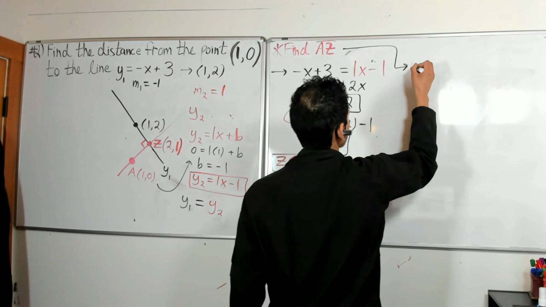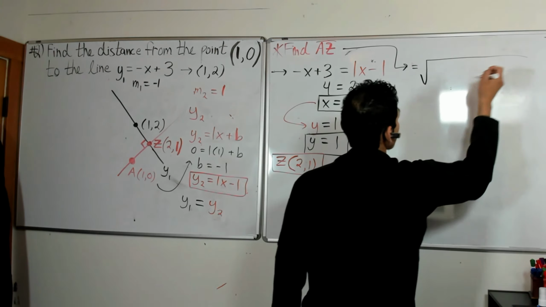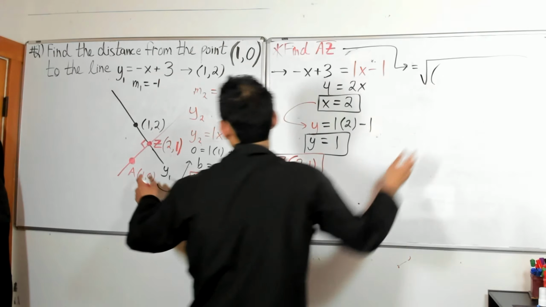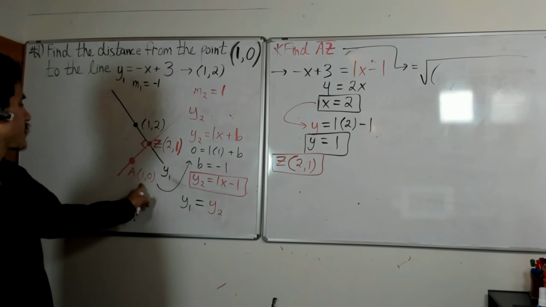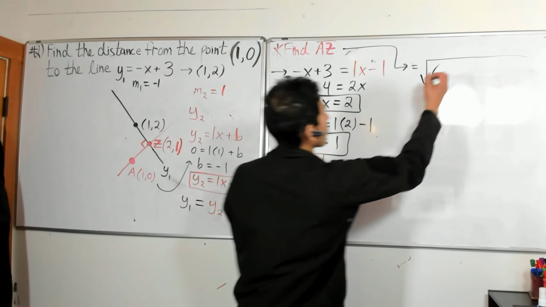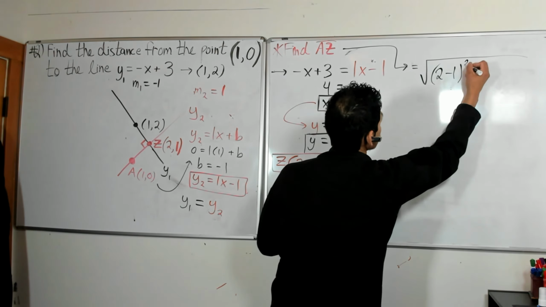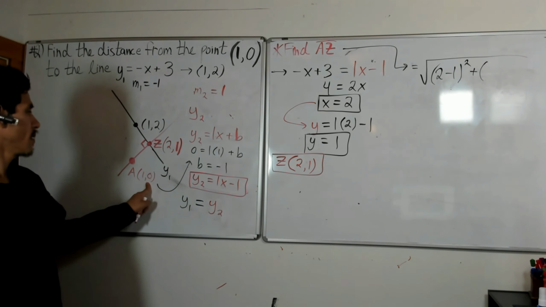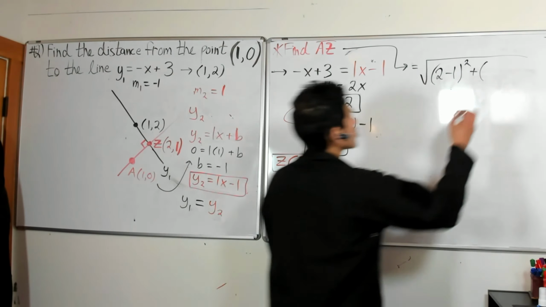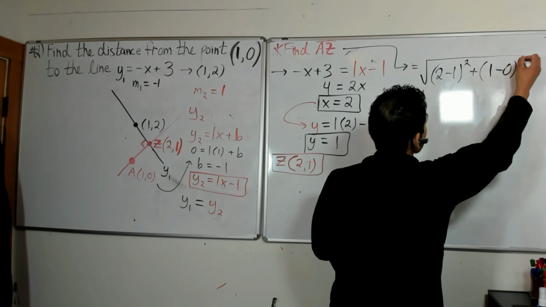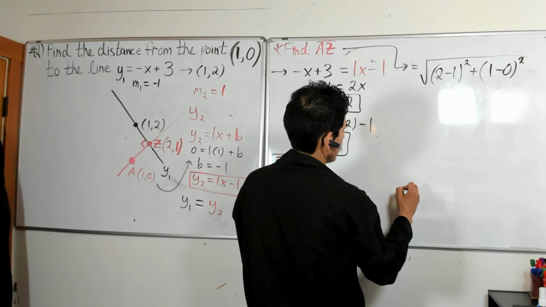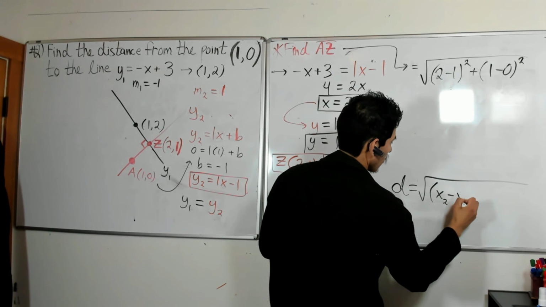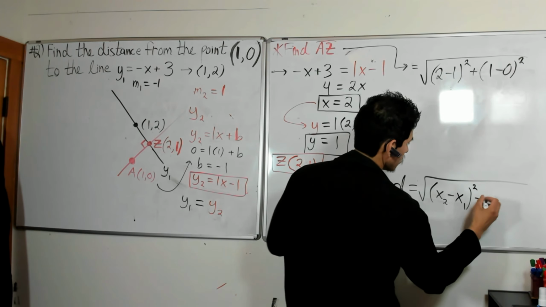AZ equals the square root of x2 minus x1, so 2 minus 1, squared, plus y2 minus y1, so 1 minus 0, squared. Let me write the distance formula again in case some of you are freaking out.